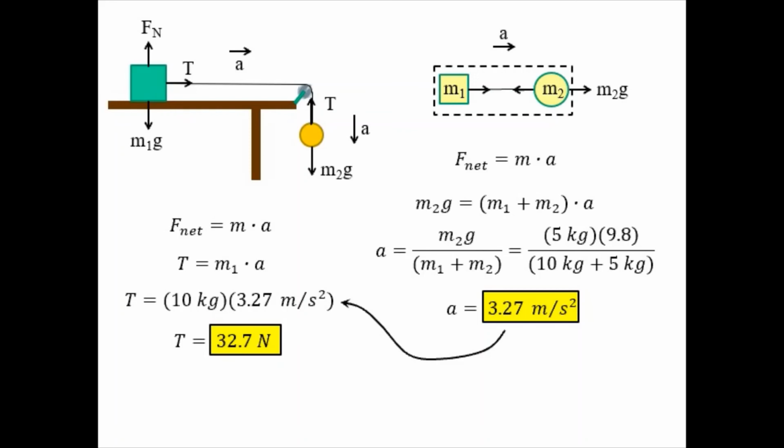Knowing the acceleration of our system is 3.27 meters per second squared, multiplying that by the 10 kilogram mass, I find that the tension has to be 32.7 newtons. If you plug that 32.7 newtons in for T, you could solve for the ball falling as well, and you'll find that the acceleration using that tension will be 3.27 meters per second squared in the negative direction. And so it all comes full circle and works.